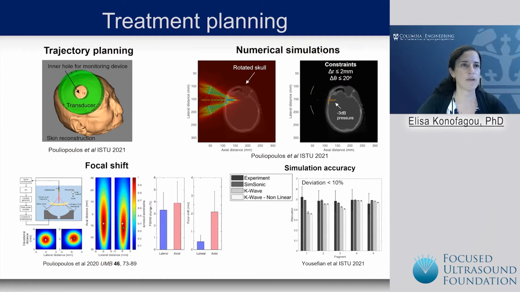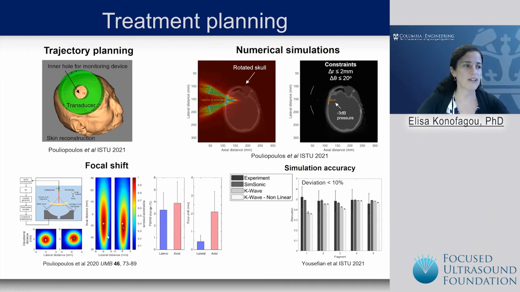And then with numerical simulations, very similar to what I showed you earlier, we're able to see where it's going to land. This is part of our Alzheimer's trial, where we have a transducer coming from the right temporal lobe. And we can form a focus here that after filtering for -3 dB, we can see that it is uniform in the prefrontal cortex that we intended.